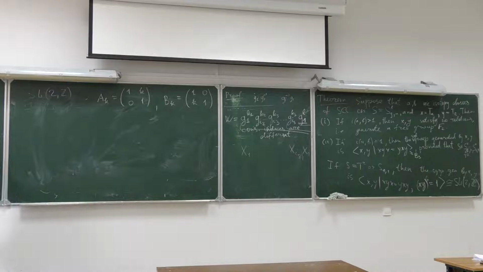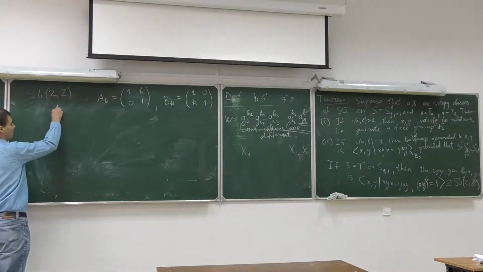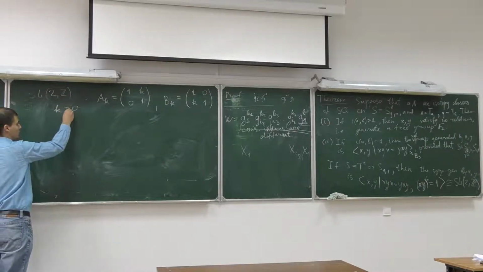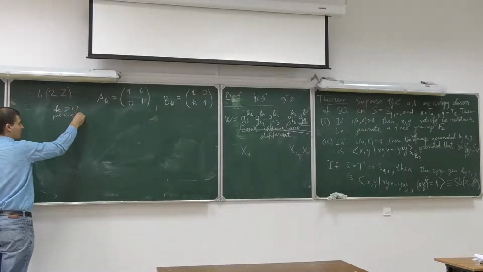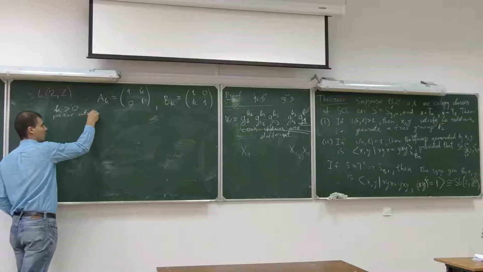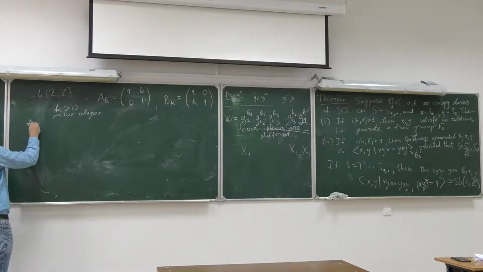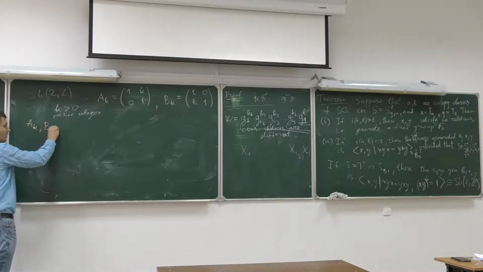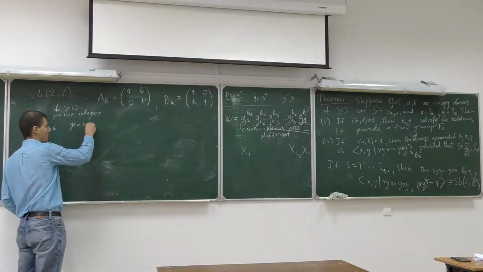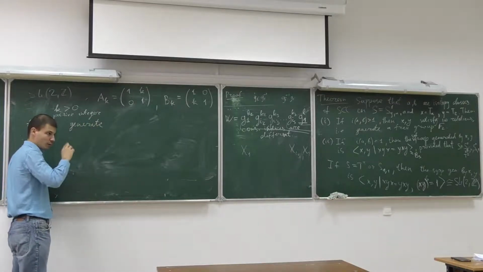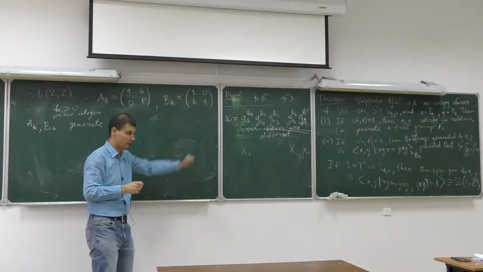So k is a positive integer, and the claim is that these two matrices, A_k and B_k, generate a free subgroup of SL2Z. I mean that k is fixed, so we have fixed k and we consider these two matrices.